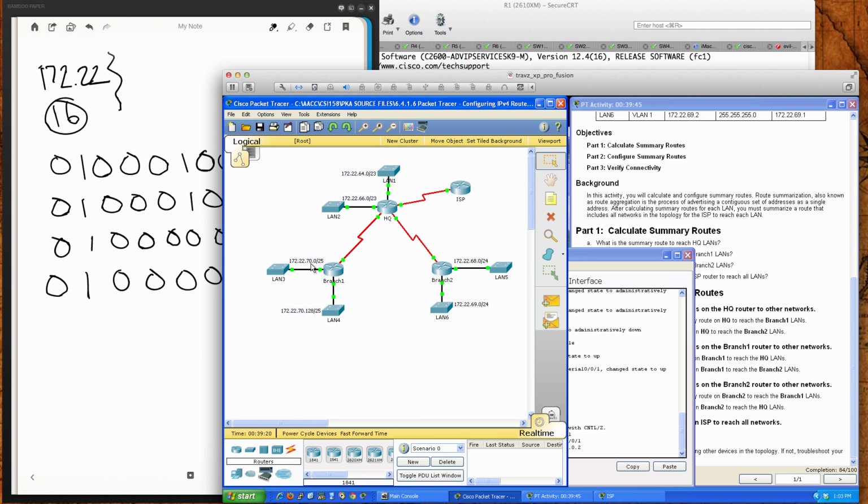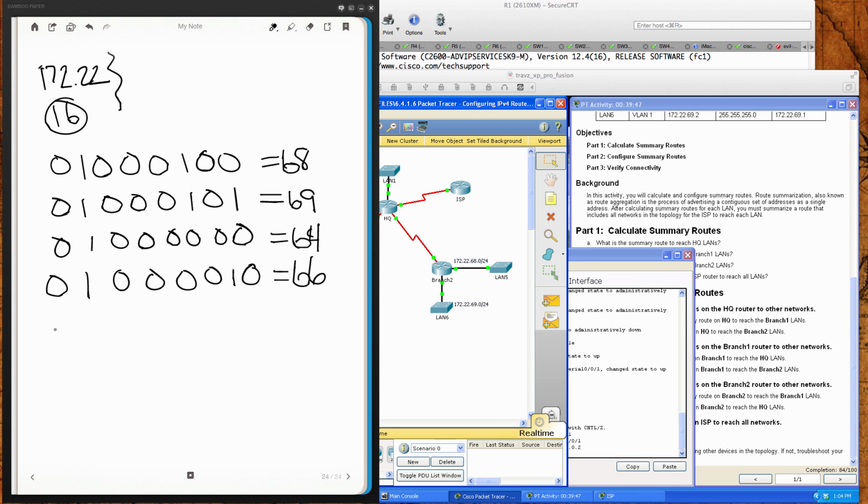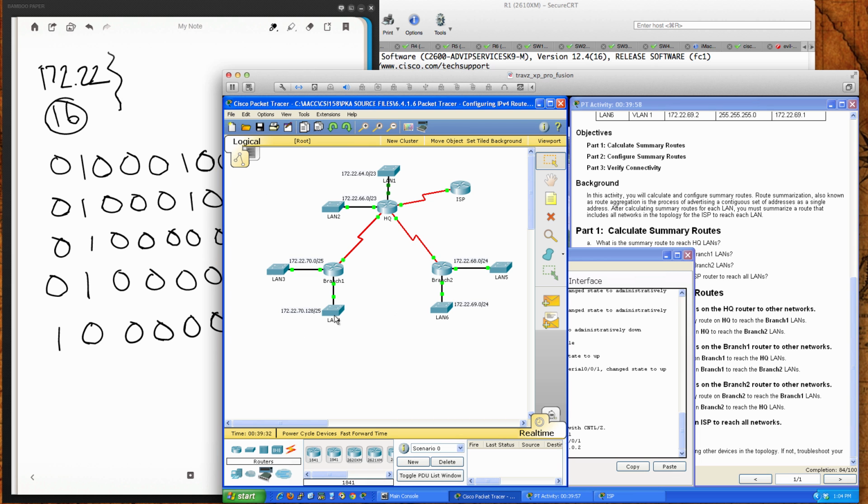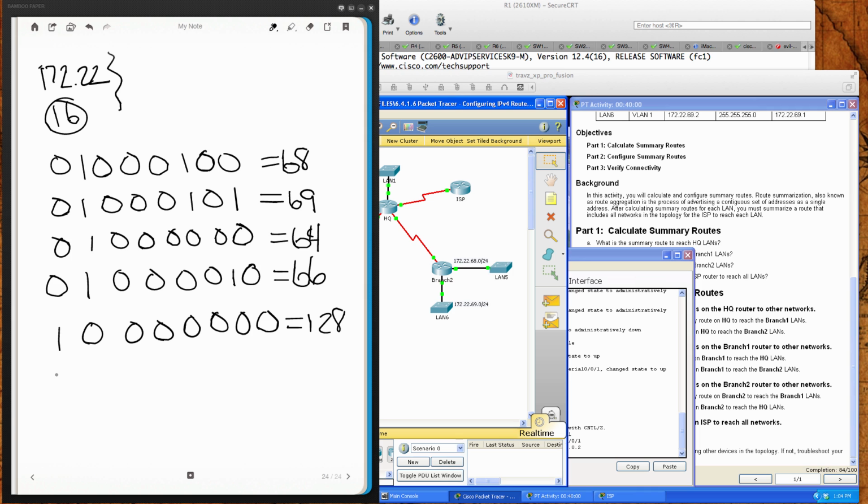Then we're going to do 70 and 128. 128 is the easy one, and that equals 128. And then we've got 0, all zeros, and that equals 0.